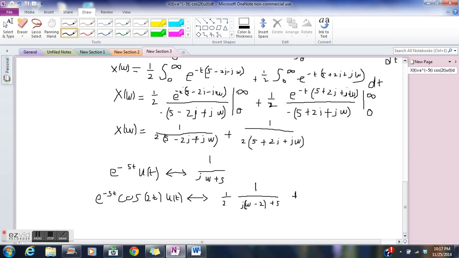That's what the cosine does. One's a negative, one's a positive. And then the j is multiplied by the omega minus 2 because of our previous statement. So a j is going to be multiplied by an omega and the 2, but not the 5. So we still have the same answer we did earlier, but we just used a different way of getting to that answer.